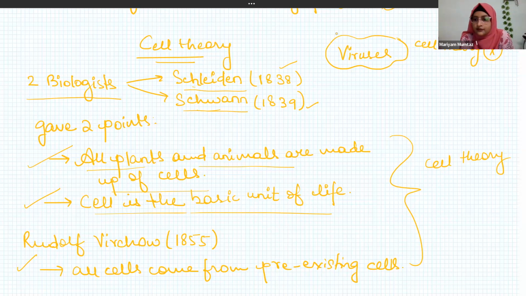Clear? Viruses do not follow the cell theory, and the cell theory is applicable on every organism: plants, animals, bacteria, every single organism except viruses. Okay, clear?